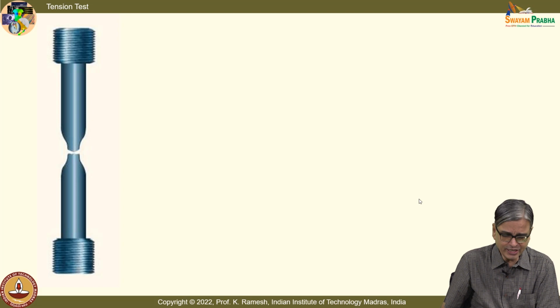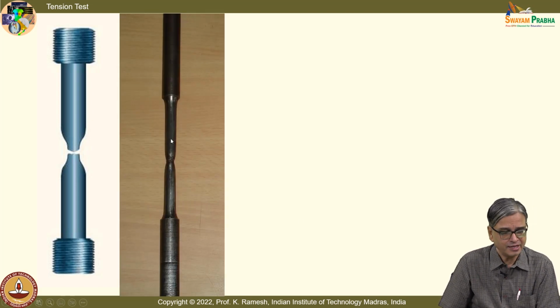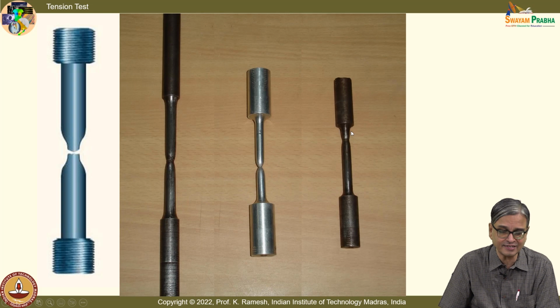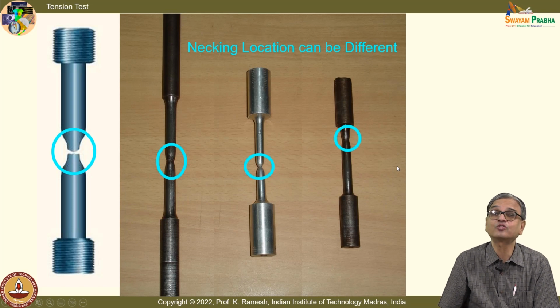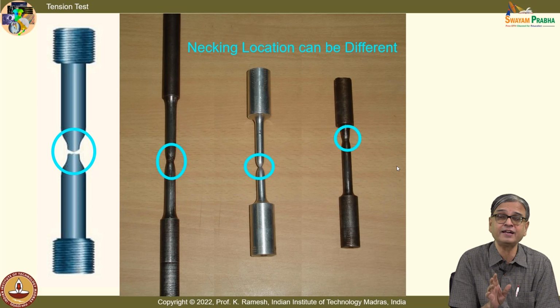So, when you do the test, here I have shown it for a round specimen. In this specimen, it is more or less at the center. I have another specimen, it is not at the center. There is another specimen, the location is totally different. So, necking is precipitated by inherent defects, it can happen at any other point.